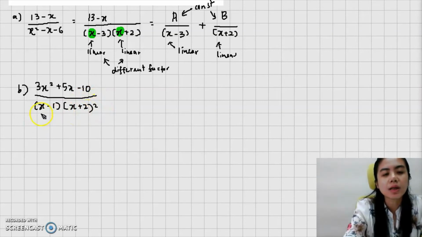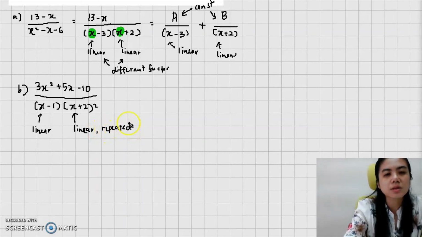Okay, so let's analyze whatever is inside the bracket first. This is linear and this is linear, but this linear factor has been repeated twice. So this is repeated factors.